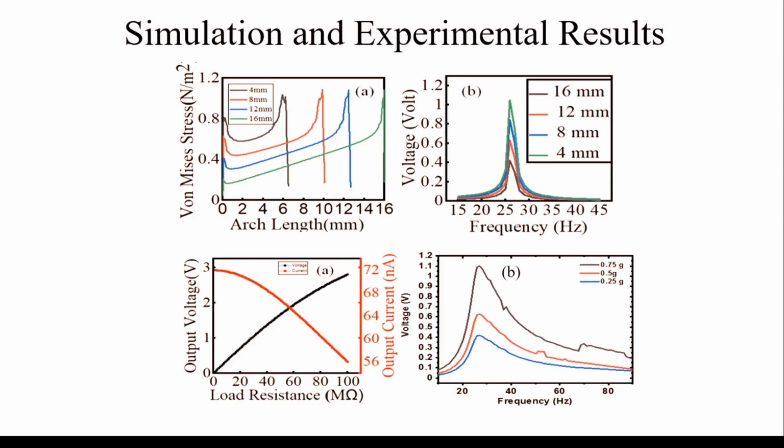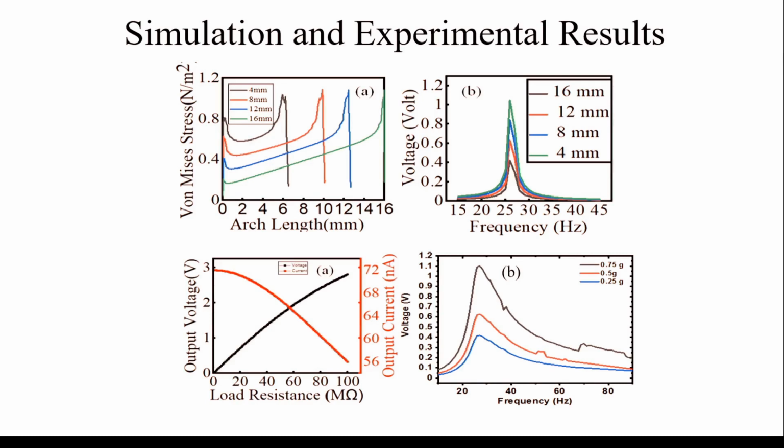You can see in the first pictures that we calculated the stress along the cantilever. For the 4 mm gap of groove size, we are getting almost uniform and highest stress. We need the higher stress in this area to generate the higher output voltage.